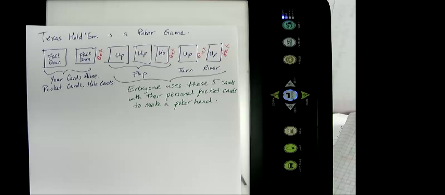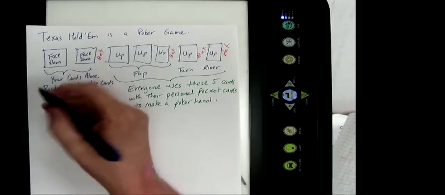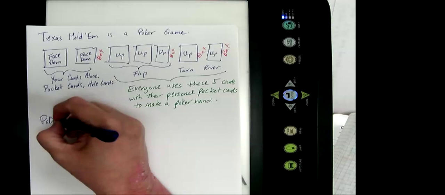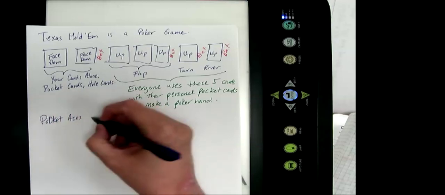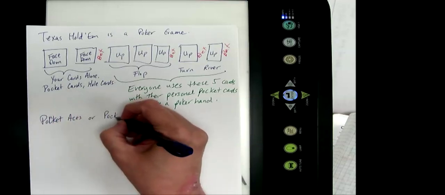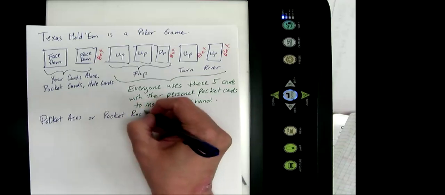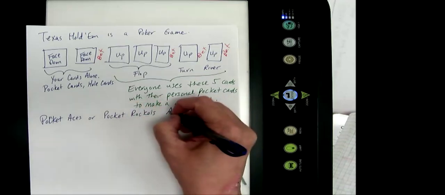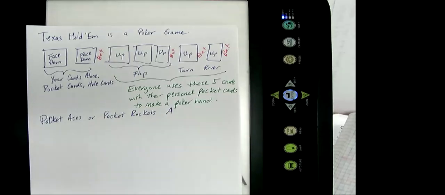What's the best hand to have in your pocket? You've got 2 cards, and the best is pocket aces, also called pocket rockets, because they have an A in the corner and the A looks like a rocket tip.